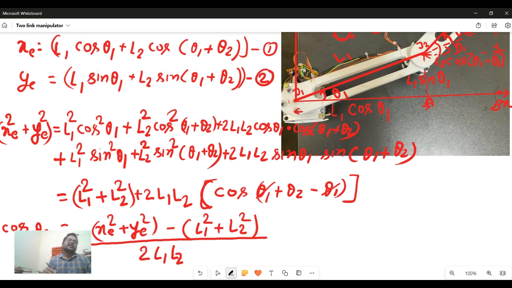So this is the complete expression for theta 2. You can find very easily that theta 2 is equal to cos inverse of this complete expression.